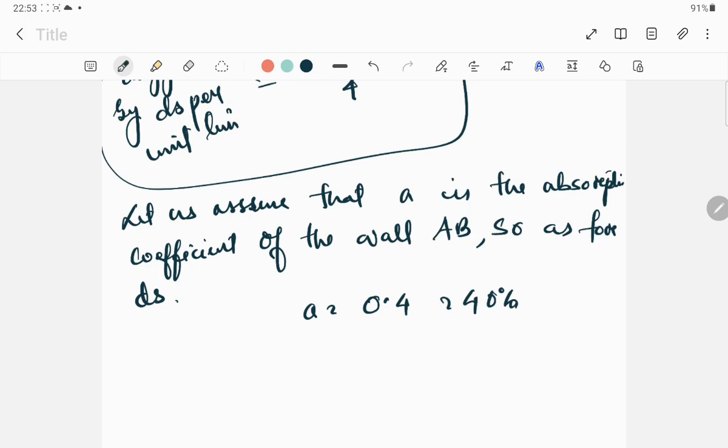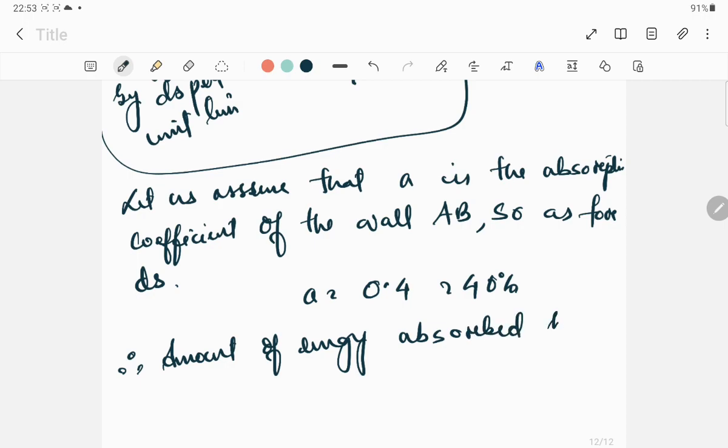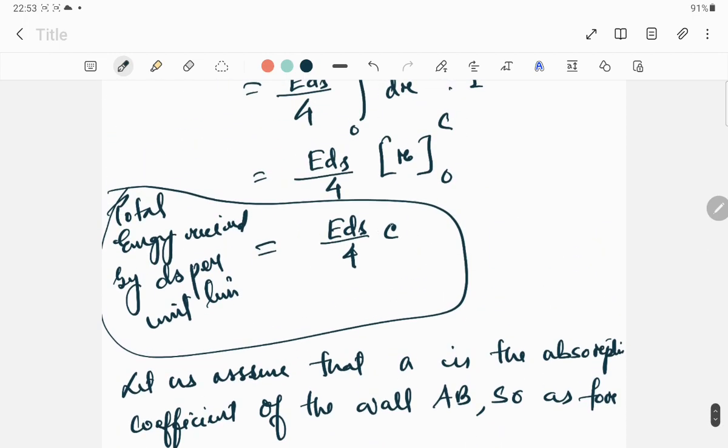So therefore, the amount of energy absorbed by ds per unit time is equal to, so incident falling on it is energy, amount of energy falling on it is E dsc by 4.